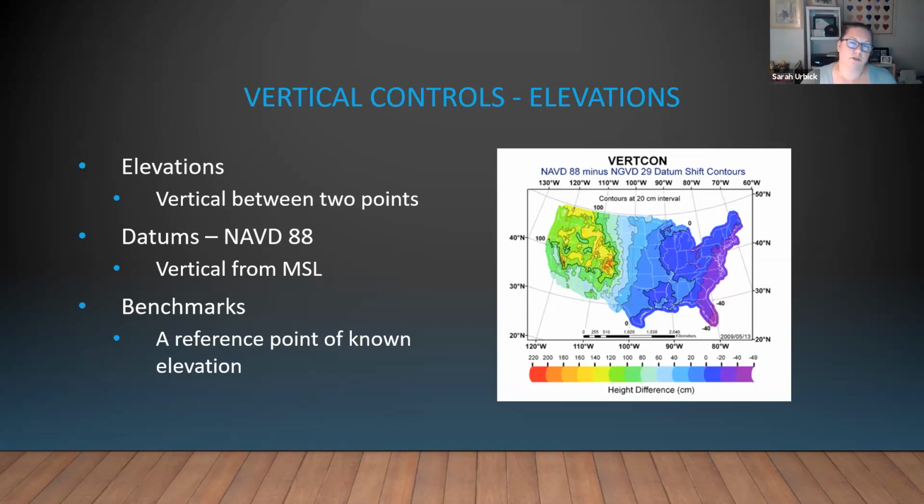Globally, we use what's called mean sea level, right? Basically average sea level, and that's our 0, 0 point. Anything below the ocean is a negative number. Anything above the sea level is going to be a positive number. So a datum is everybody's fixed reference point. It's so we all begin with the same information.